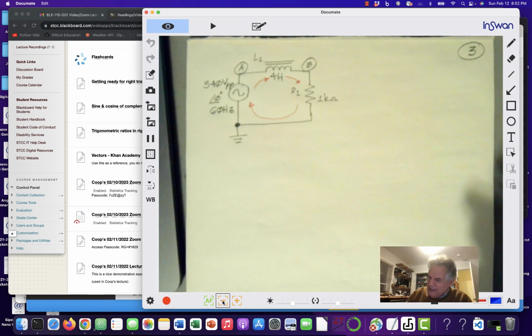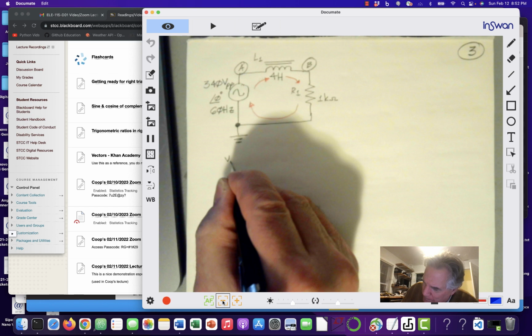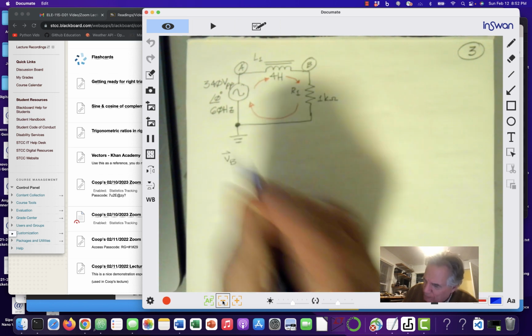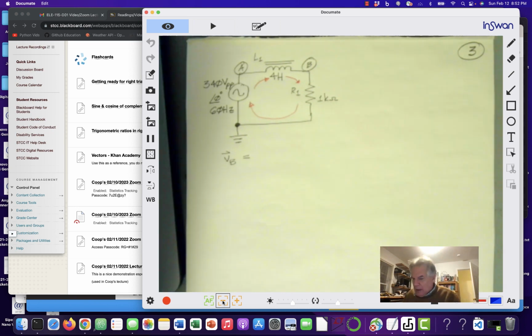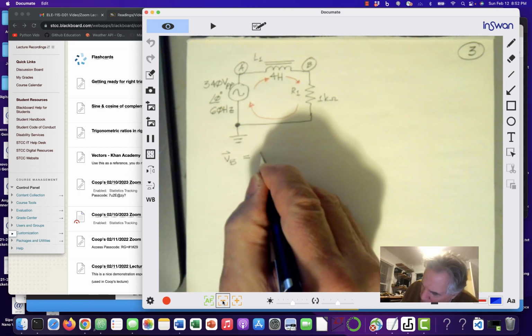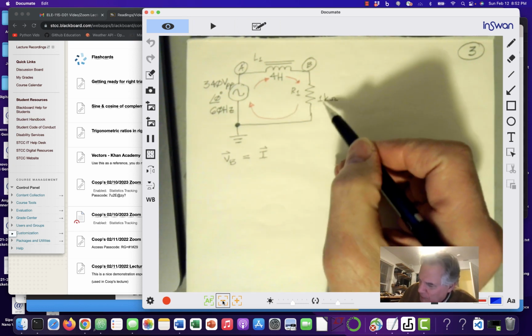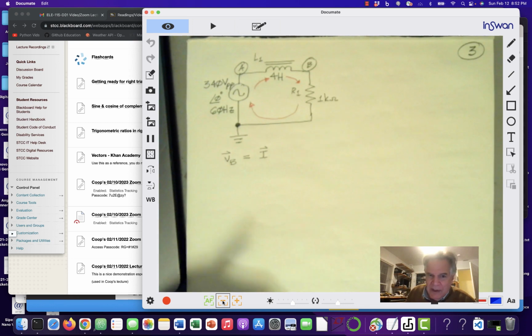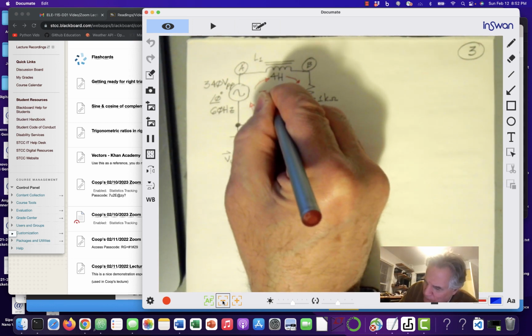And here's why. VB, it's a vector, is equal to V equals IR, right? And the current flowing through this resistor is our total current, IT.